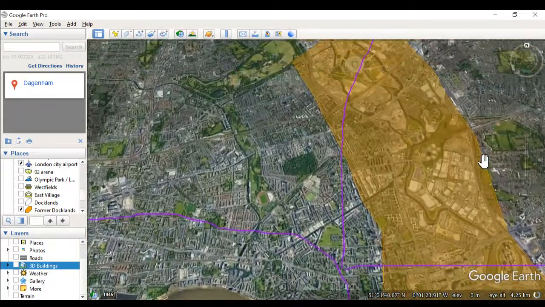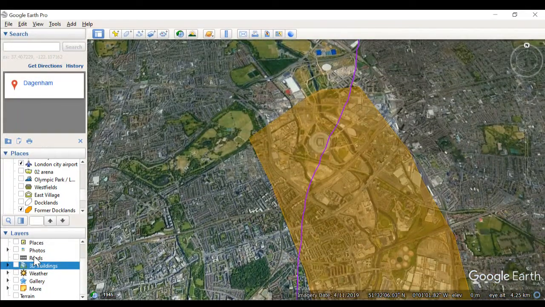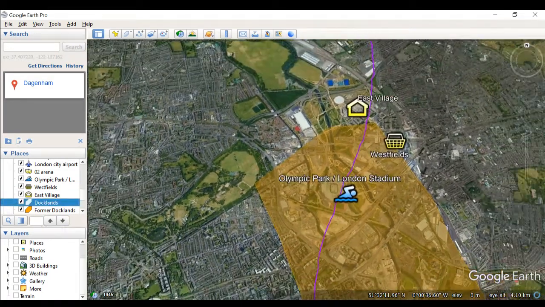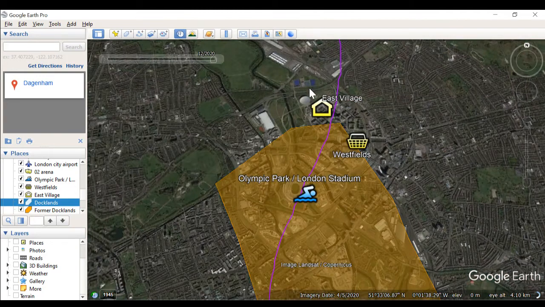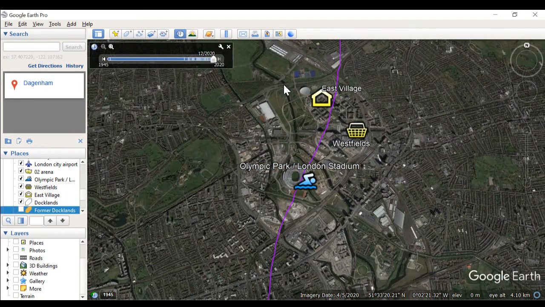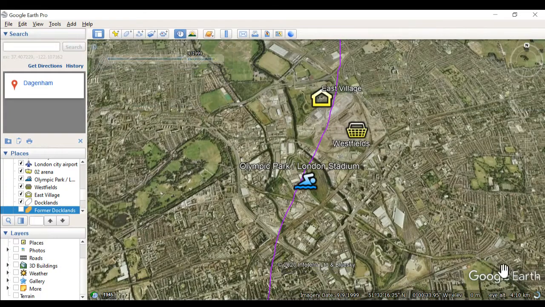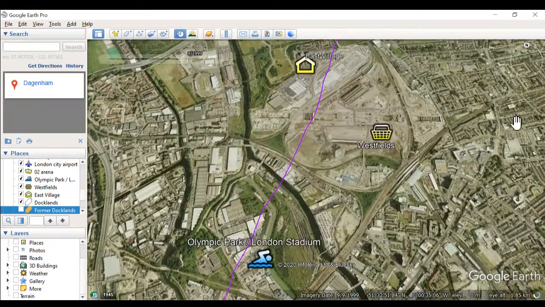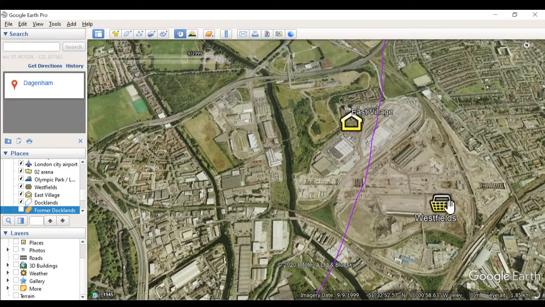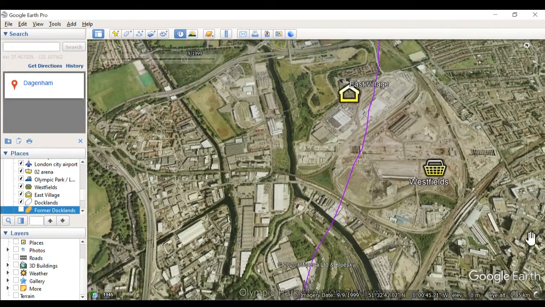The other area we're going to have a look at today is Stratford. So again, if we go back in time a little bit and turn off our former Docklands layer, in the 90s this was sort of wasteland, so areas which are now Westfield and East Village were sort of rubbish dumps or just land that had been abandoned.